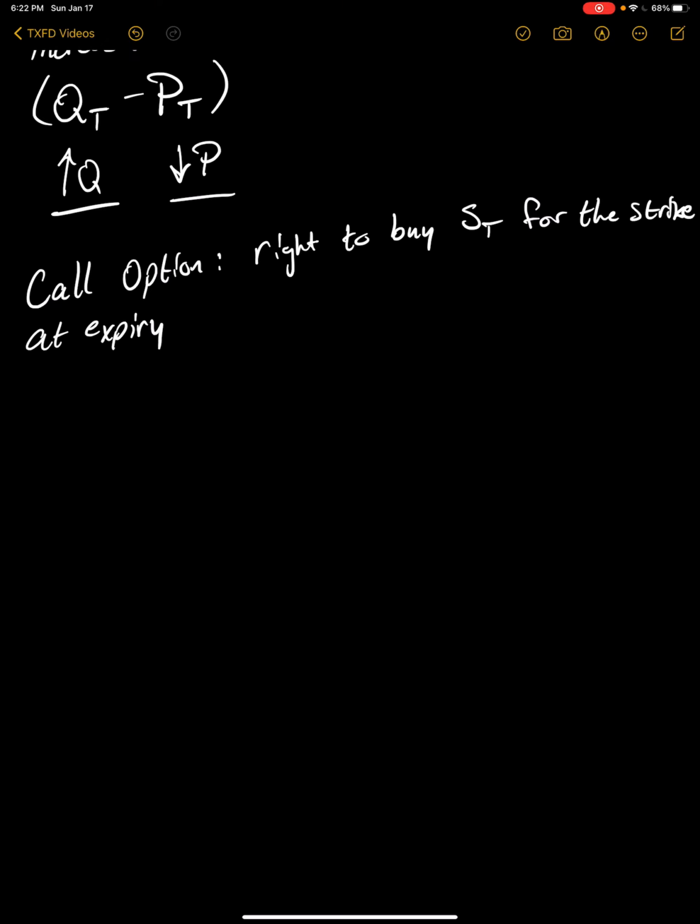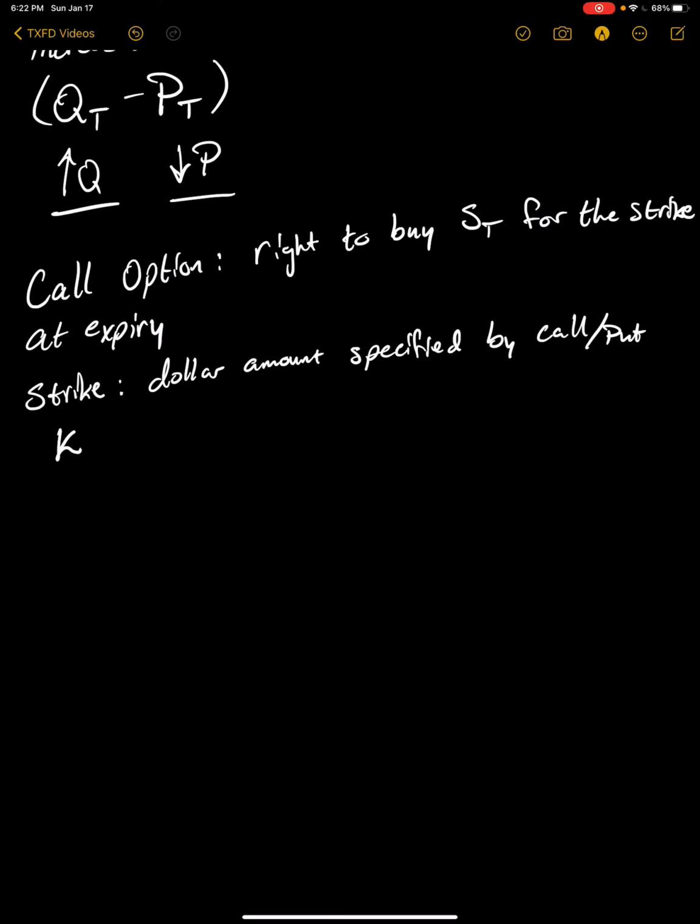So the strike is a dollar amount specified by the call or put or any other option for that matter that uses a strike price, and it's generally denoted K, and it's just in dollars, right?